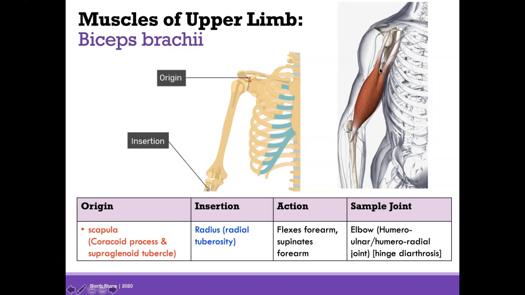And the biceps brachii originates at the scapula on the coracoid process. This coracoid process. There's also a small protrusion called the supraglenoid tubercle that is also an attachment site for the biceps. And it inserts all the way down on the radius, on the radial tuberosity. So the biceps originate up here at the scapula. They insert on the radius, and they can help flex the forearm at the elbow joint.